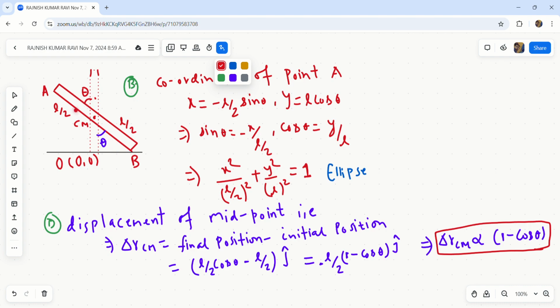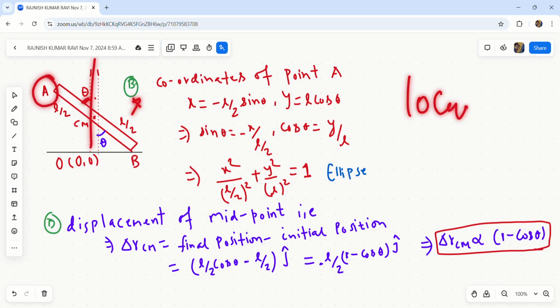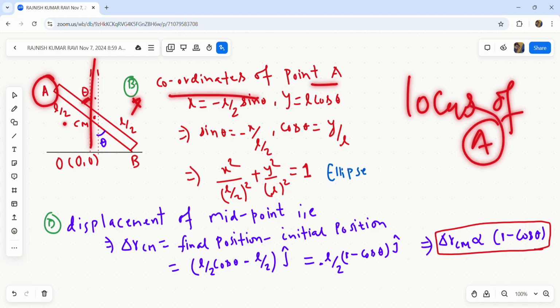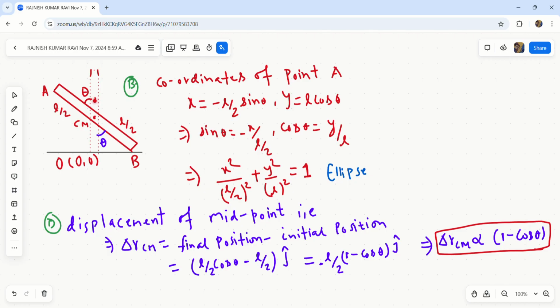At an instant theta, when it makes theta with the vertical, we have to find in option B the locus of A. So if we write the coordinates of point A, since the center of mass will fall vertically downward, at this instant the center of mass will be somewhere here. This length will be L by 2 and this length will also be L by 2. So its x coordinate can be written as minus L by 2 sine theta and its y coordinate can be written as L cos theta.